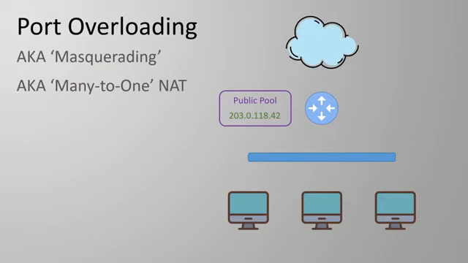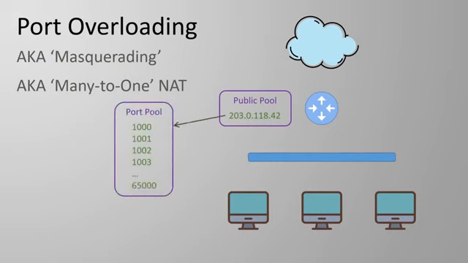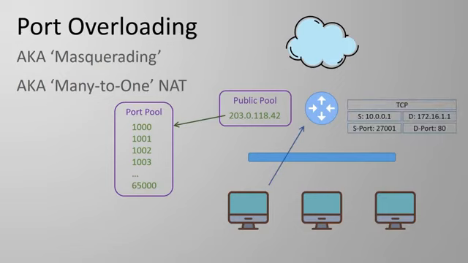This is where port overloading comes in. This is still a form of dynamic NAT and PAT, but the router will translate ports as well as IPs. In addition to the pool of IPs, the router has a pool of ports that belong to each IP address. There are about 64,000 ports in each pool. Now think of the first workstation accessing the internet.